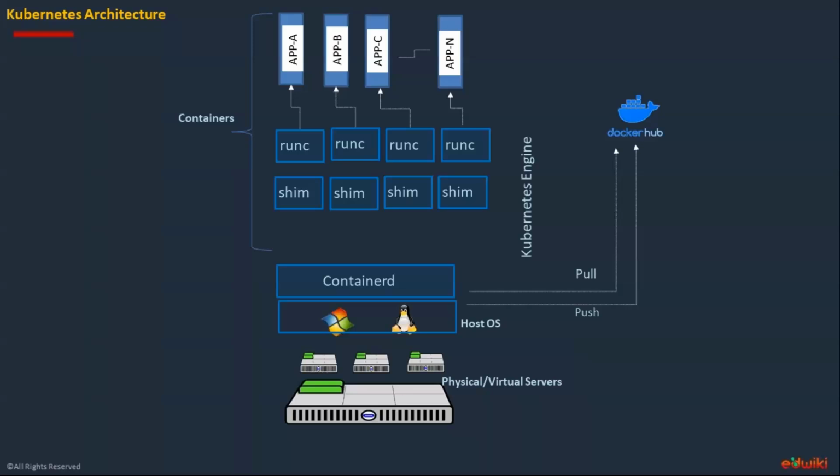Of course I can't work with the containerd directly, but now you see the Kubernetes engine. On top of my containerd container engine software, now I'm installing an orchestration engine called Kubernetes. Kubernetes knows how to deal with the containerd and how to make things happen.